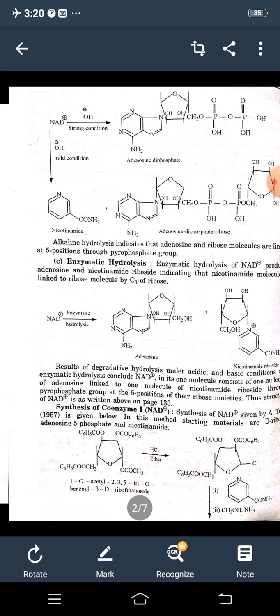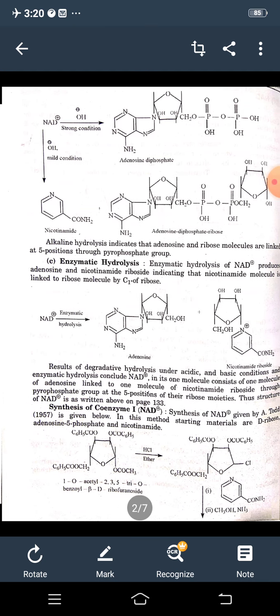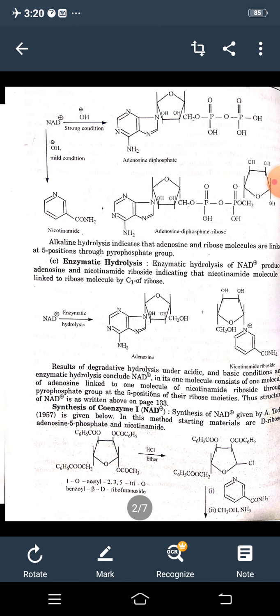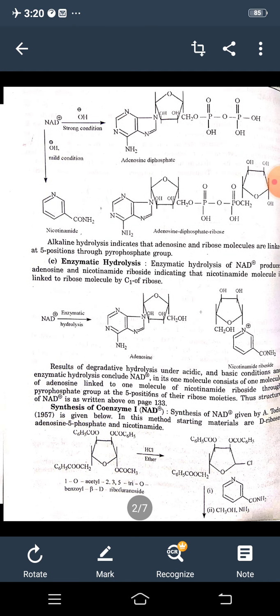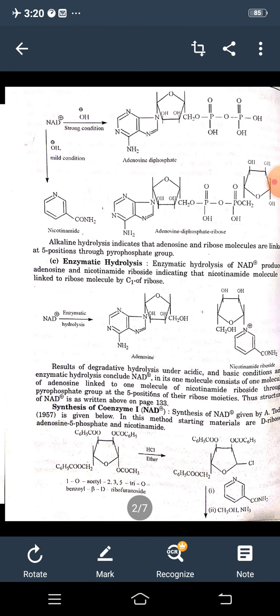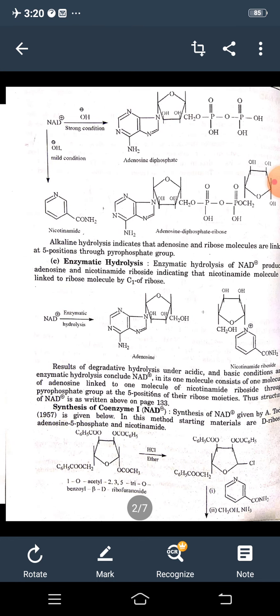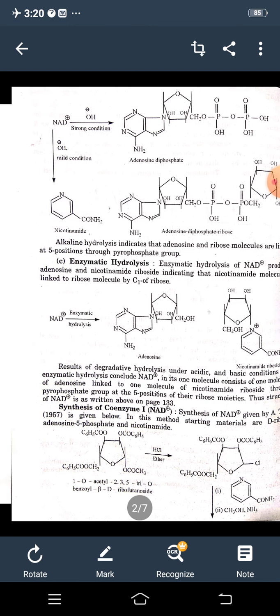C, it may be enzymatic hydrolysis. Enzymatic hydrolysis of NAD+ produces adenosine and nicotinamide riboside, indicating that the nicotinamide molecule is linked to the ribose molecule by C1 of ribose.